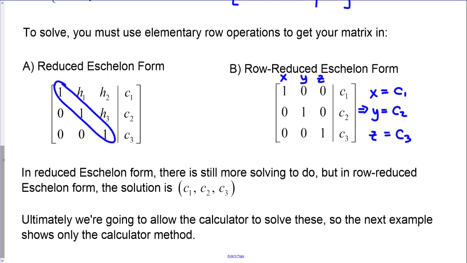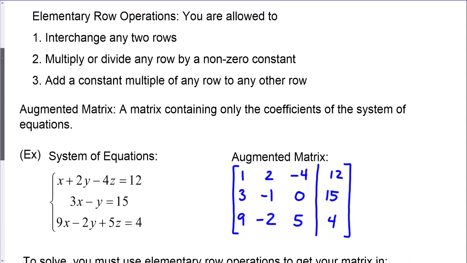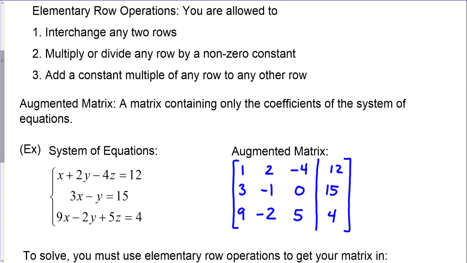The reason we're choosing to use the calculator here is because these row operations, although relatively easy to apply, are very easy to make mistakes with. When you have to interchange any two rows, that's relatively simple. You just swap two rows.